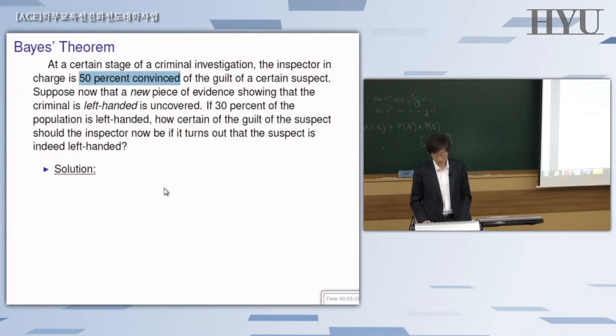Now in the middle of collecting more pieces of evidence, information pointing out that this guy indeed committed a crime, a new piece of evidence popped up, and that is that the criminal is left-handed. Uses his left hand, or simply lefty, same thing.